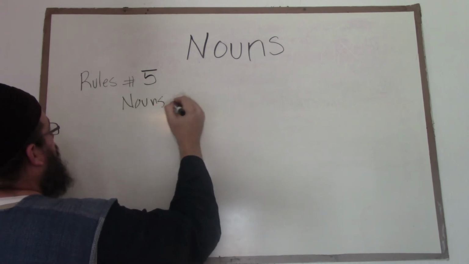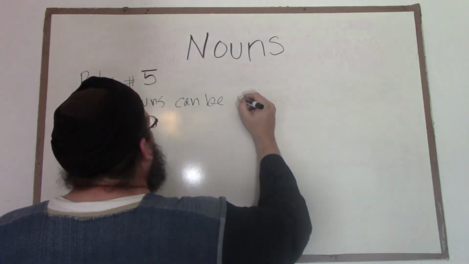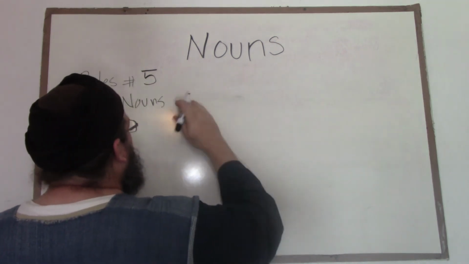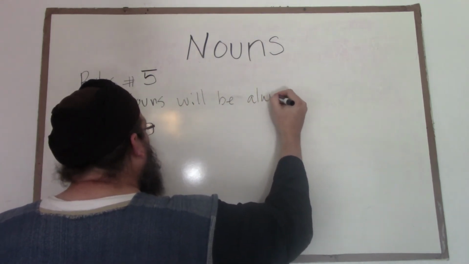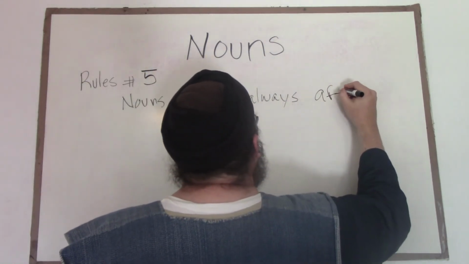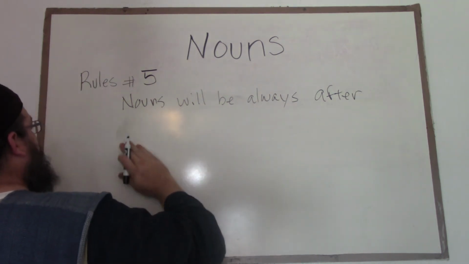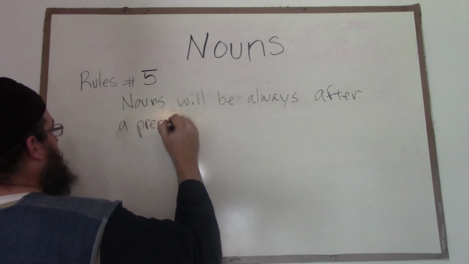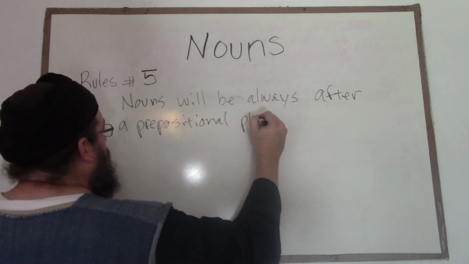Nouns can be, instead of say can be, we're going to say will be. Nouns will be always after a prepositional phrase.